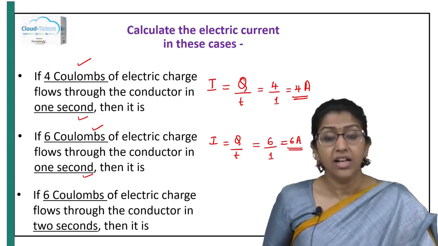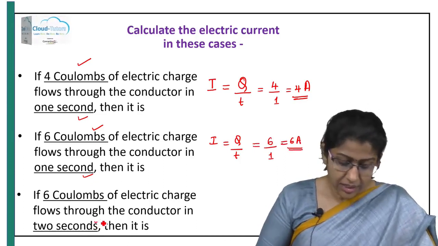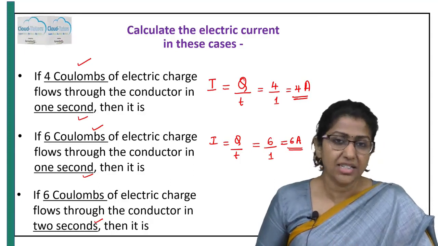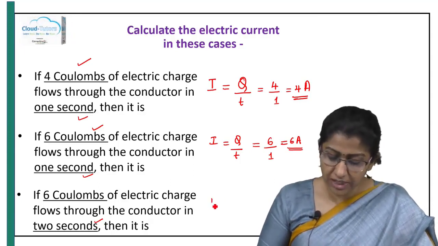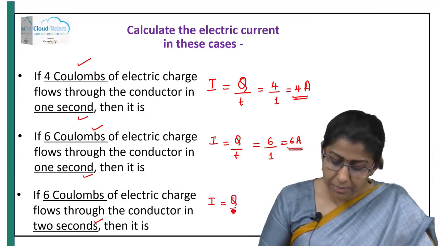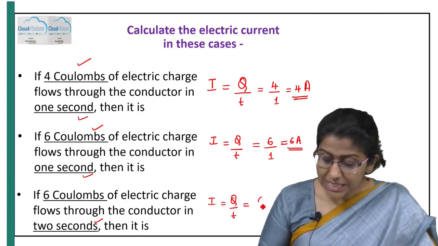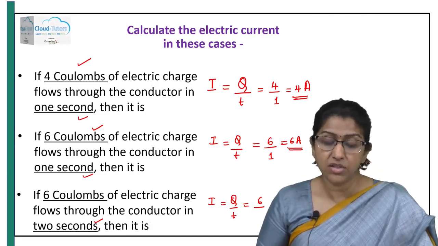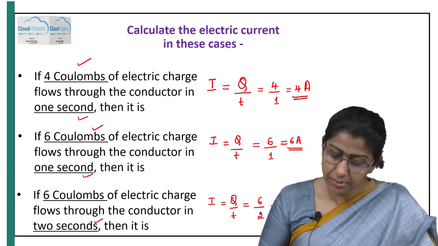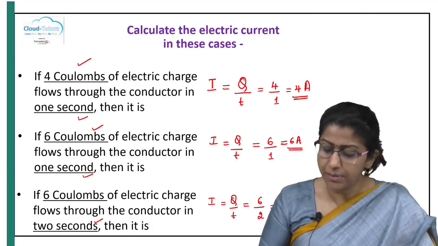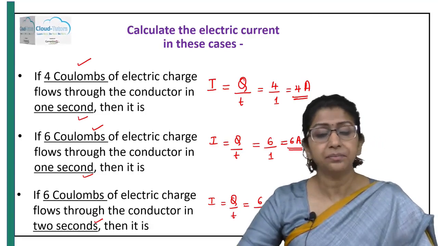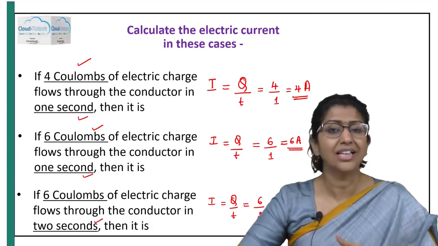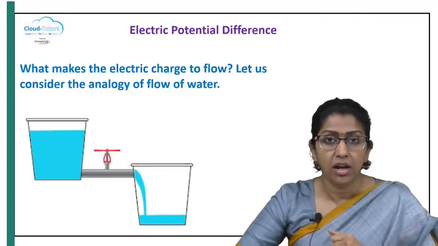And here the third one, there is a slight change, but again a very simple and straightforward thing. I is equal to Q divided by T. The value of Q is 6 coulombs, and the time for which it flows is 2 seconds. 6 divided by 2 gives you 3 amperes. All right, very simple and straightforward, and this could be a 1-marker question.